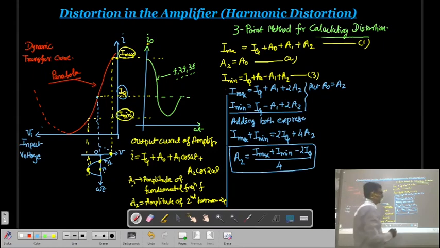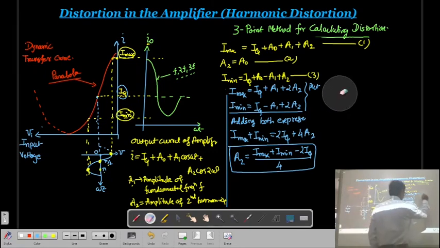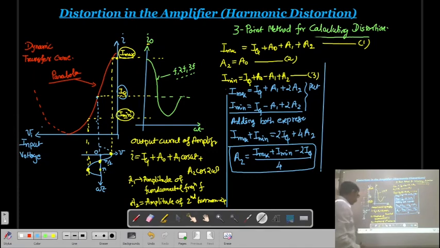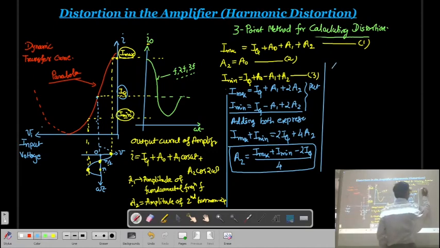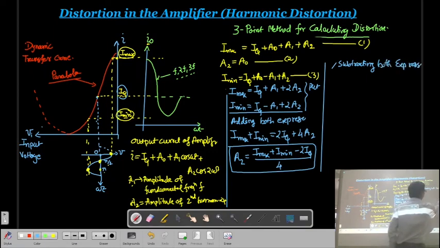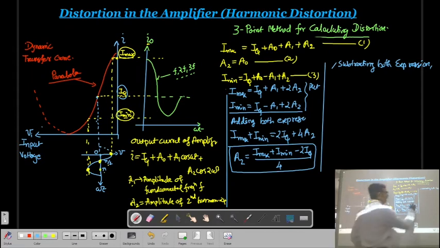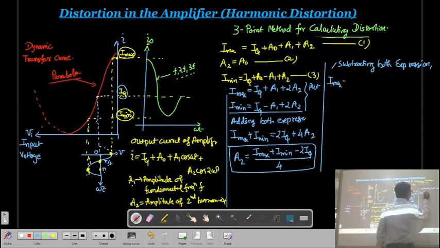And here, if I take the subtraction, subtracting both expressions, we have I maximum minus I minimum, and that will be equal to what?